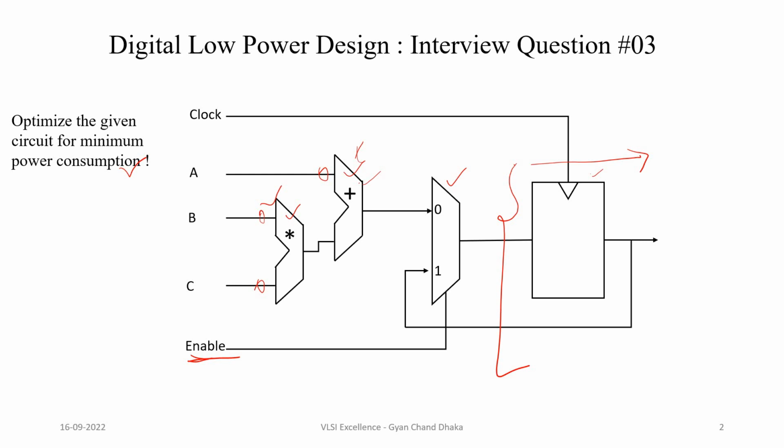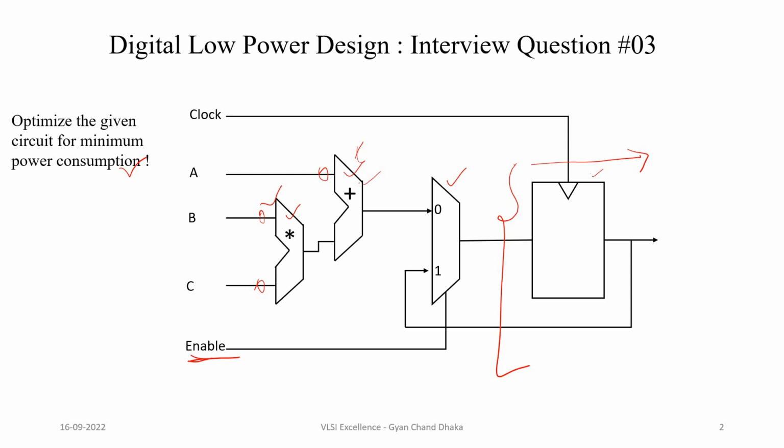If the inputs at multiplier and adder are static, that means there is no switching activity happening inside the multiplier and adder hardware circuit. So in simple words, whenever the multiplier and adder output result is not used, the inputs to the multiplier and adder should be static and there should not be any toggling.